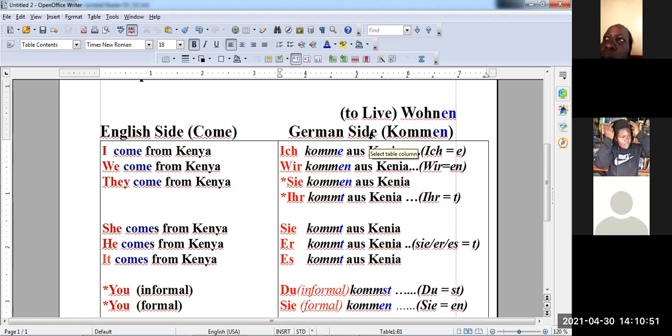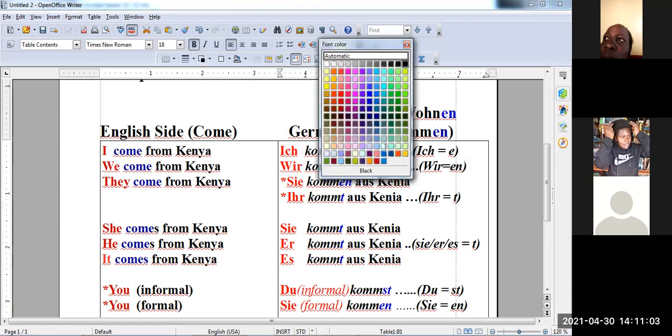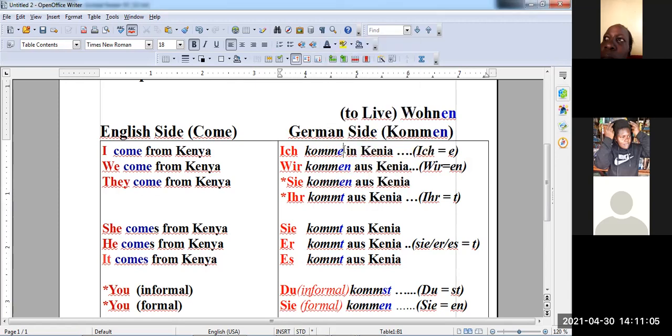So, how are we going to conjugate here with wohnen? Also use in, like in English, I live in. So it's going to be ich wohne in Kenya. I live in Kenya.